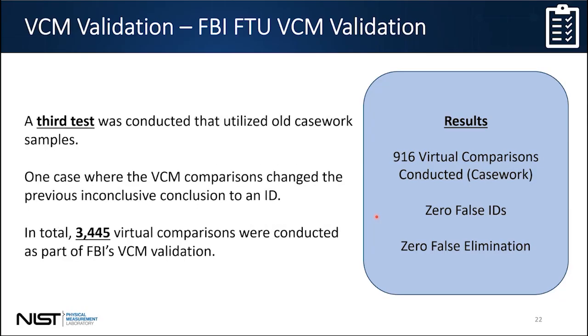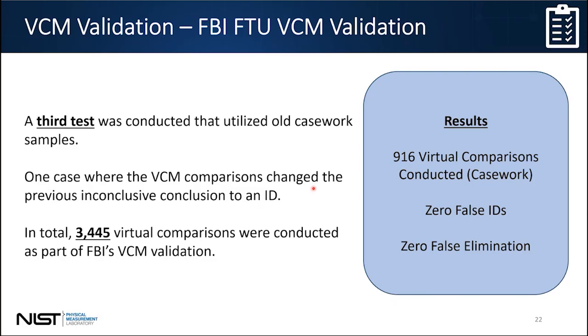So then they actually had to go back and test the system again on old casework. So they actually went back into their history, pulled a bunch of casework out, did the measurements, and reassembled them with additional testing to show, again, that even with real casework samples, they were achieving 0 false IDs and 0 false eliminations. And interestingly enough, in one of those cases, the same examiner, mind you, in the original case made an inconclusive conclusion.